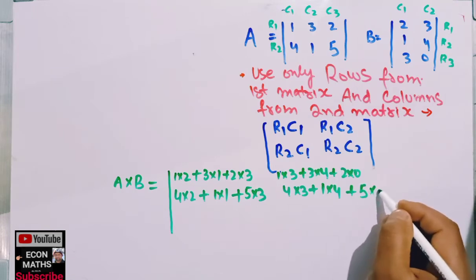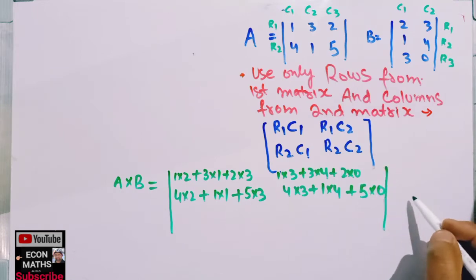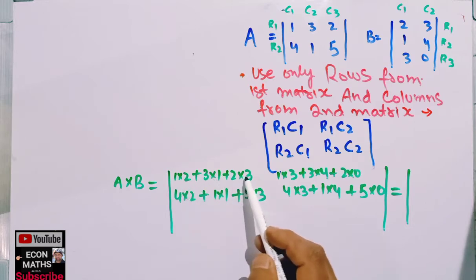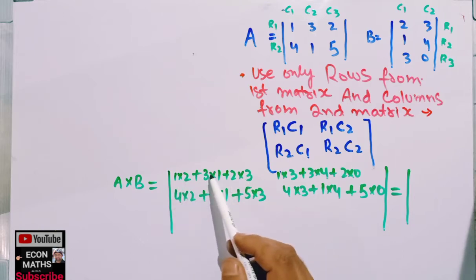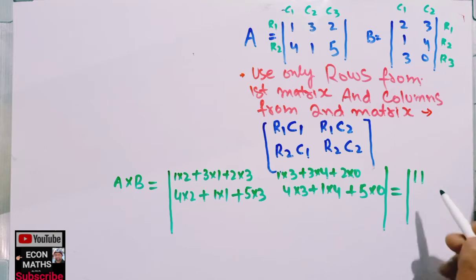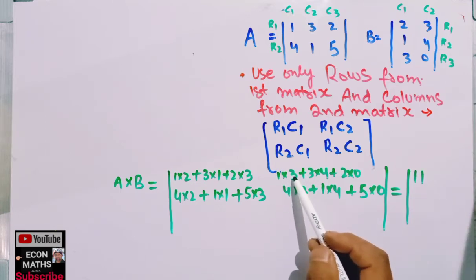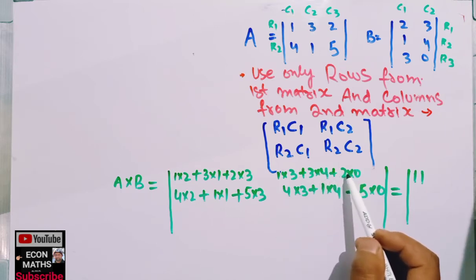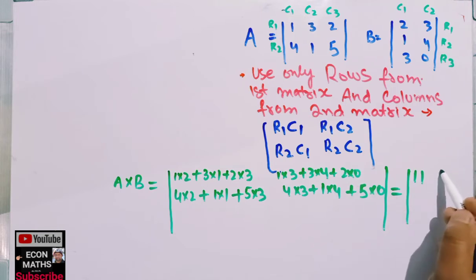So this will become: 2 ones are 2, plus 3 ones are 3, plus 6. 2 plus 3 is 5, 5 plus 6 is 11, so this is 11. Here 3 ones are 3, 3 fours are 12, so 3 plus 12 is 15, and 15 plus 2 into 0, which is 0, so this is only 15.